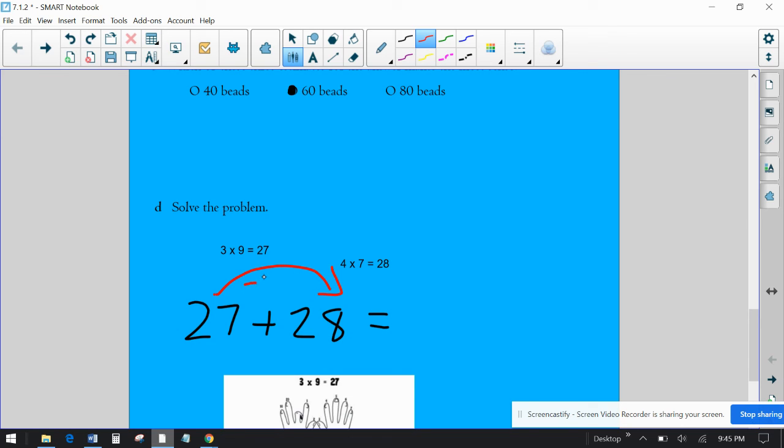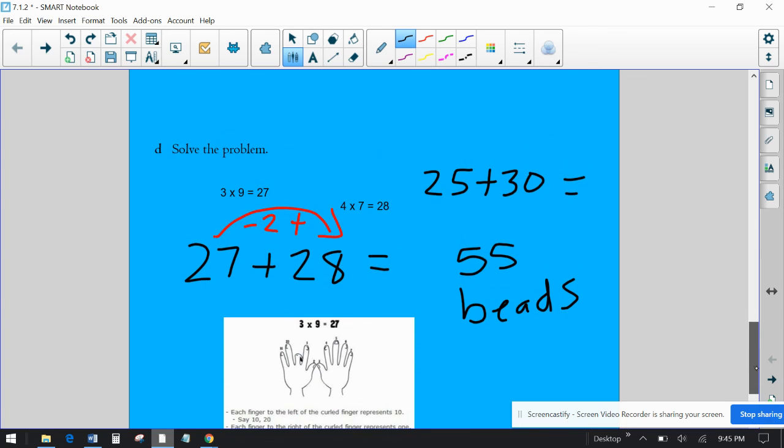And I know I'd need 2 from over here and add it to over there. So that's the give and take strategy. So that makes our problem now 25 plus 30. And that's really easy. I could just do that in my head. It's 55. So the answer is 55. And our unit was beads.